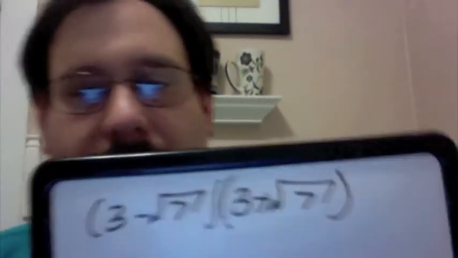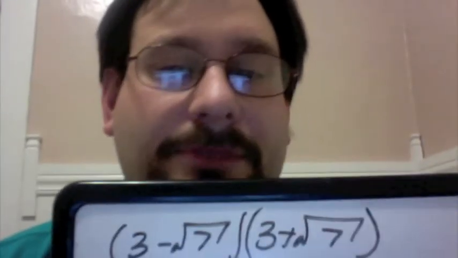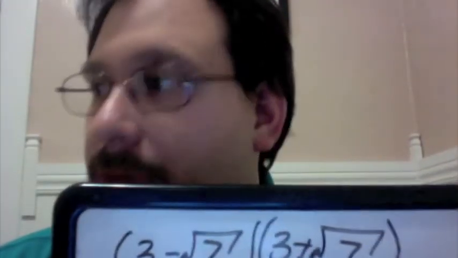Now, the other thing that may come in, combining a couple of things together here, is if you have to multiply two parentheses worth of radical expressions. So let me just write down an example here. Okay, so 3 minus square root of 7 times the quantity 3 plus square root of 7.